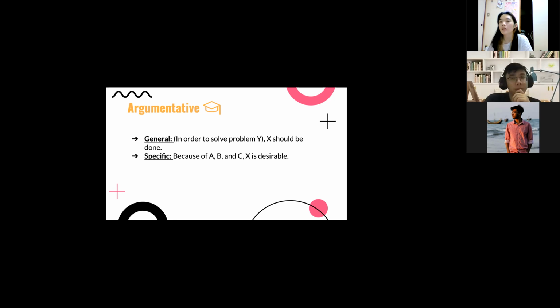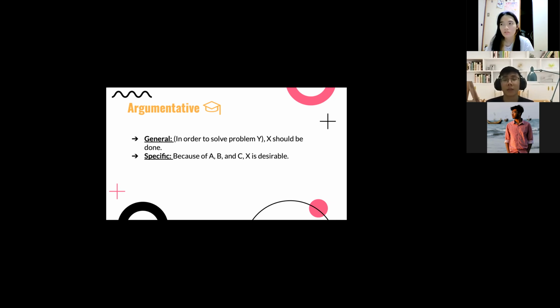So you either have those two direct arguments and you try to build that up with your evidences. So maybe some reasons why people should choose electric motorbikes, or some reasons why that's not really practical, maybe.